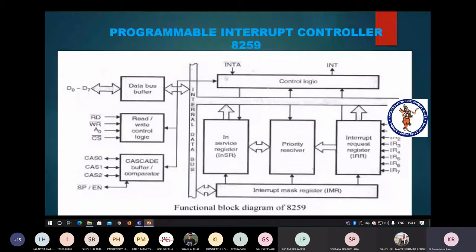The interrupt request register stores the information about the devices which are connected with the interrupt request lines. If any device is not connected, that particular position value is treated as 0. So that is about the interrupt request register. It consists of information about the devices which are connected to those respective interrupt request lines.